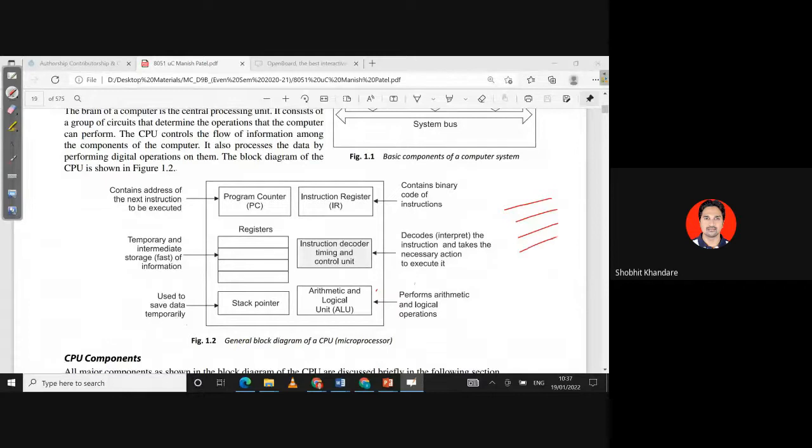If these are the 5 instructions, these instructions have to be decoded into binary code. That is called interpretation. Or instead of saying it in this manner, I will do one thing that will be simpler for you.